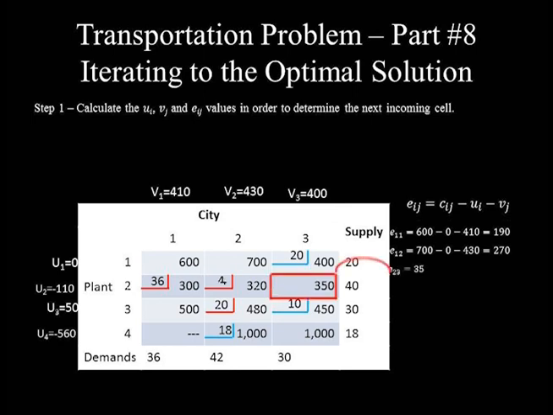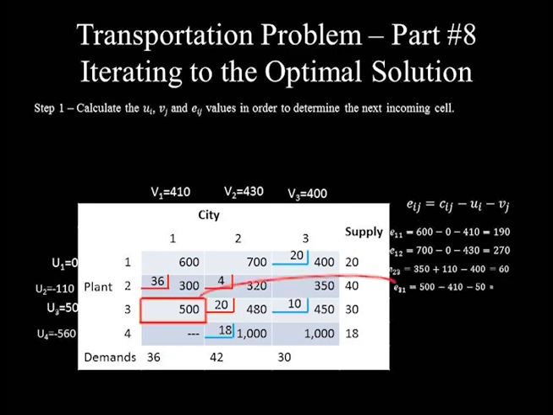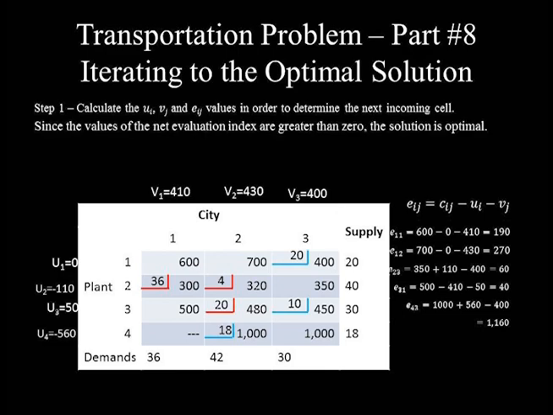E23 is equal to 350 plus 110 minus 400, which gives us 60. E31 is equal to 500 minus 410 minus 50, which gives us 40. And E43 is equal to 1000 plus 560 minus 400, which gives us 1160. Since the net evaluation indexes are greater than 0, the solution is optimal.